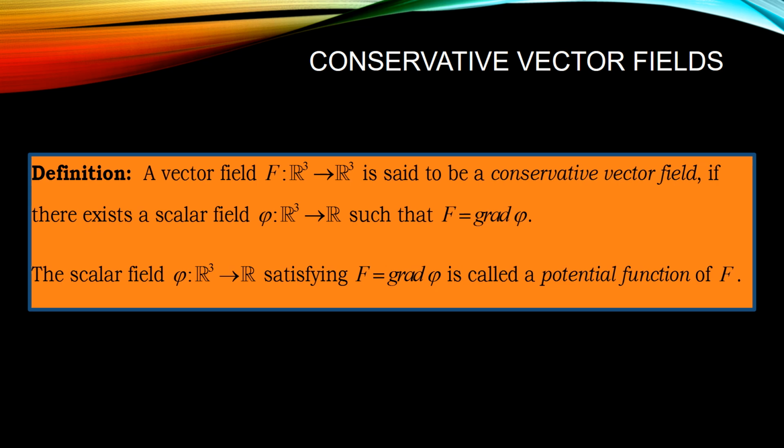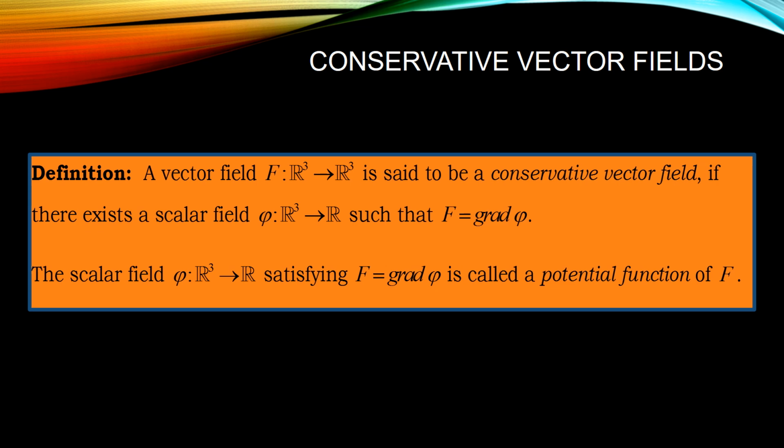A vector field F from R3 to R3 is said to be a conservative vector field if there exists a scalar field phi satisfying F equals grad phi.